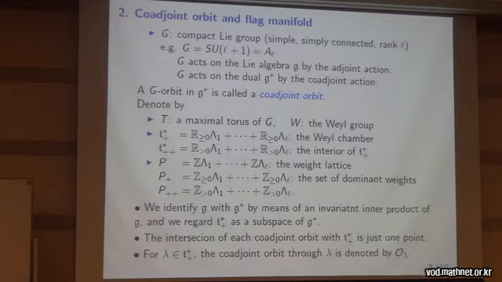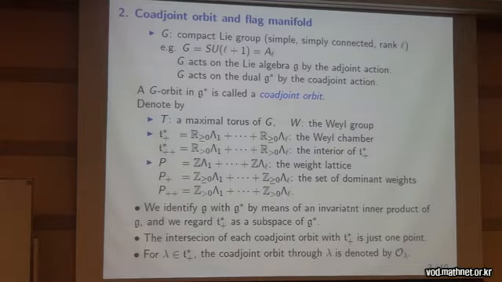As you know, G acts on the Lie algebra g by the adjoint action. Also, G acts on the dual g* by the coadjoint action. By definition, a G-orbit in g*, the dual of g, is called a coadjoint orbit. Here are some notations.